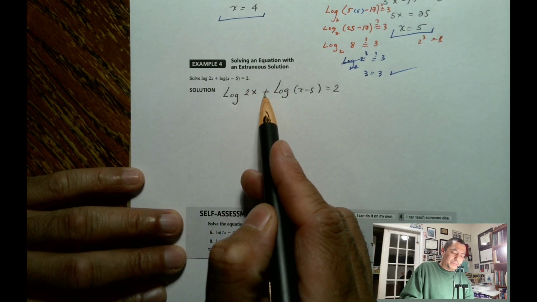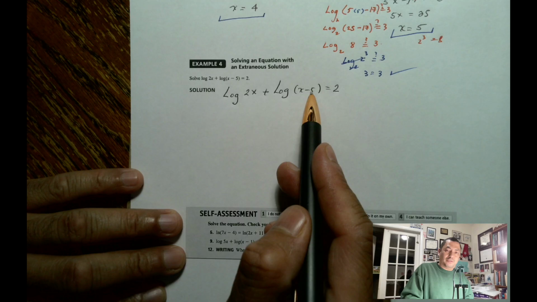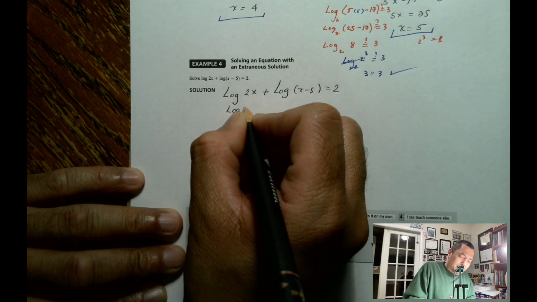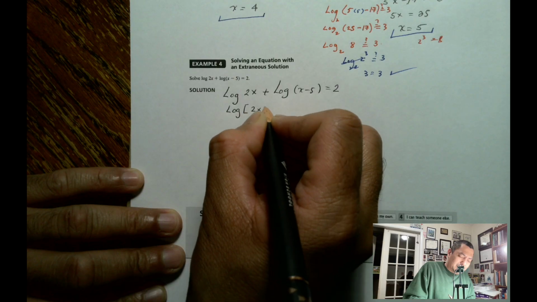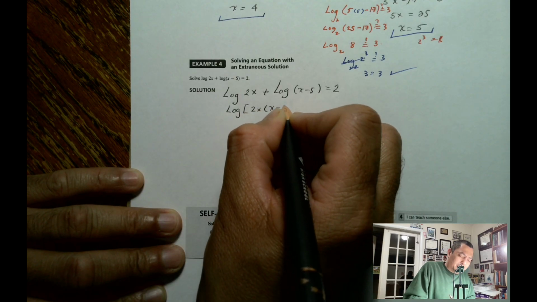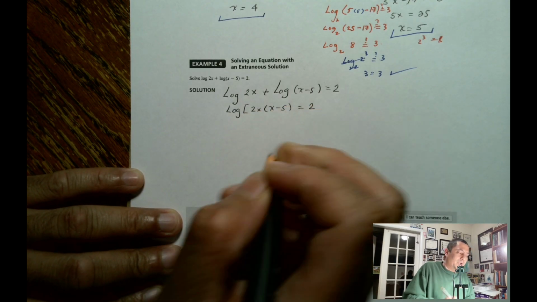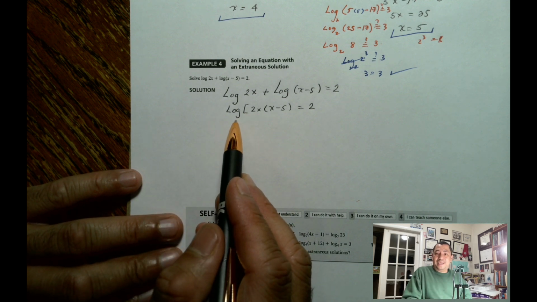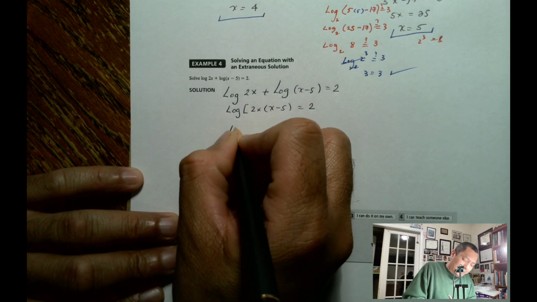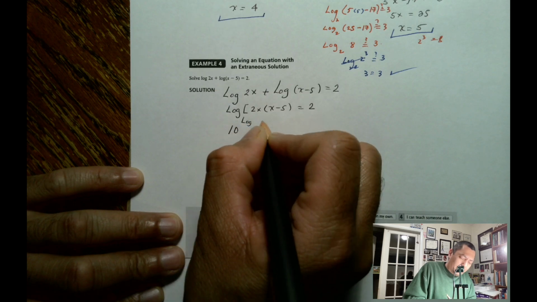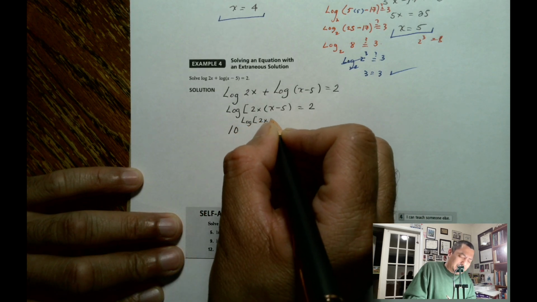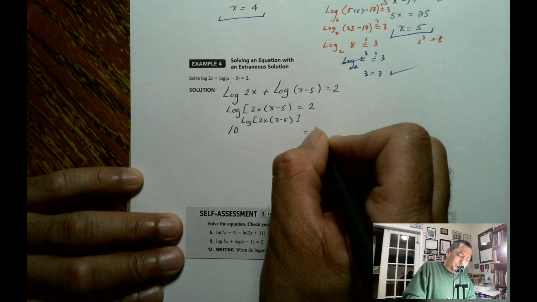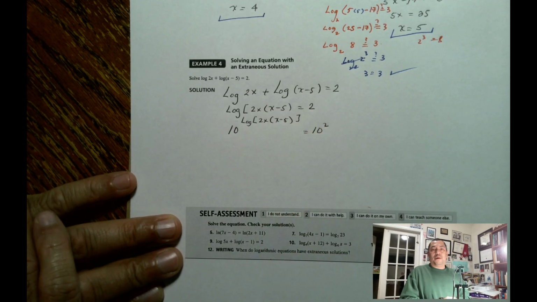So I have log of 2x plus log of x minus 5, which I can write as log of 2x times x minus 5 equals 2. I can see that this is base 10, so I'm going to write 10 to the log of 2x(x minus 5) equals 10 to the second power.